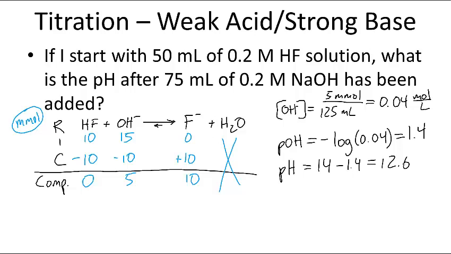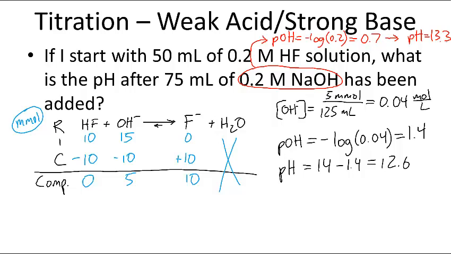What's the pH of the titrant solution, the solution that we're adding? So the pH of the pure titrant solution, the pure NaOH, so the pOH is going to be negative log of 0.2, which is 0.7, so the pH is 13.3.